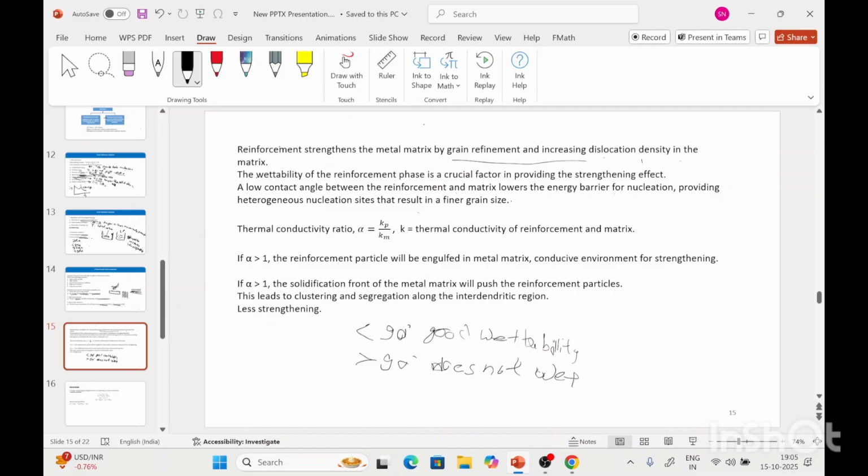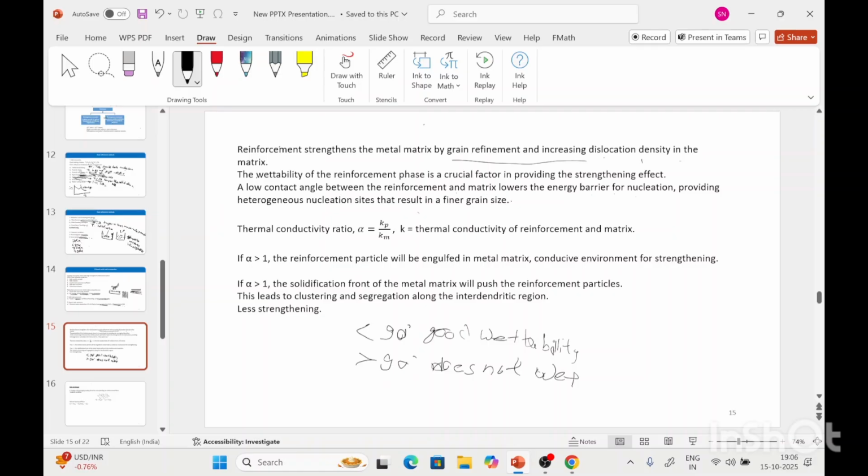So the reinforcement particle will be engulfed in the metal matrix. As the reinforcement particle is easily mixed into the metal matrix, that will create a conducive environment for strengthening by providing the heterogeneous nucleation site.